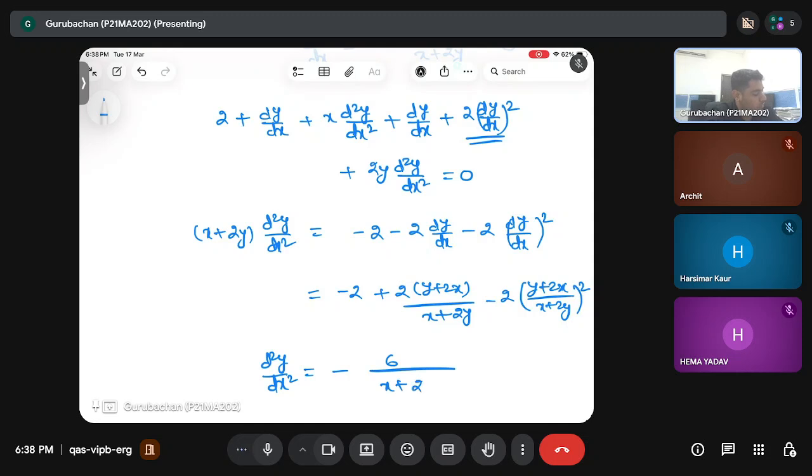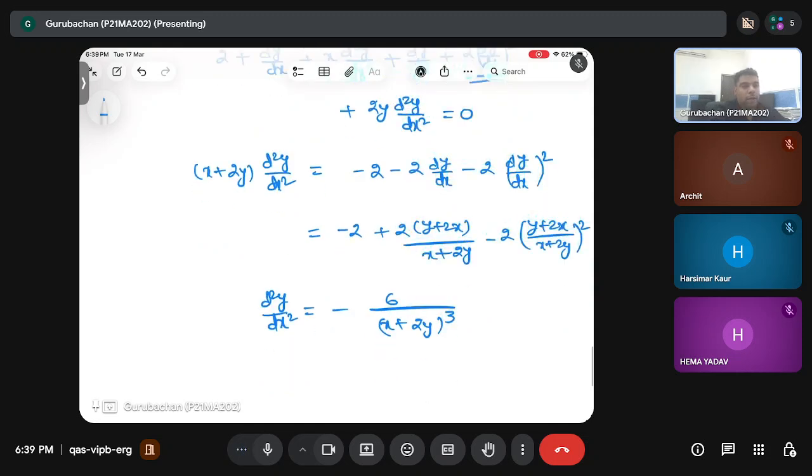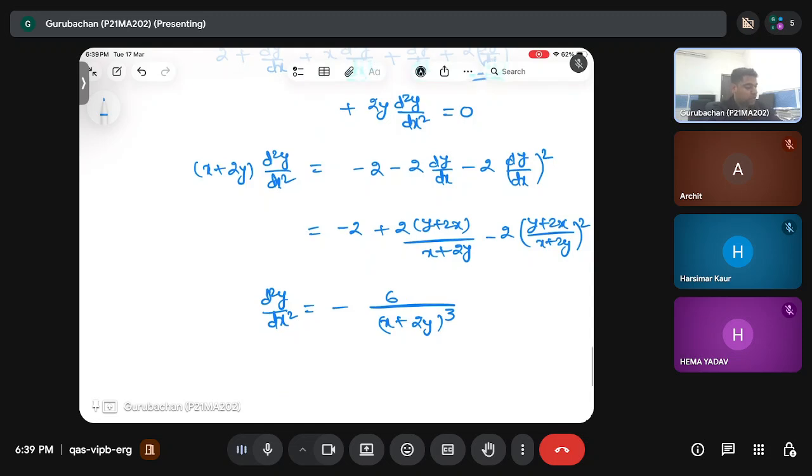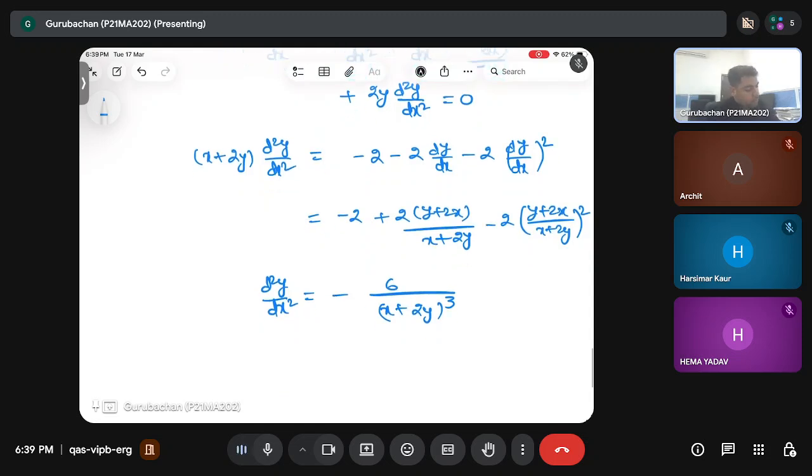You may check by yourself also. So this is the first part. Now what about the second part? We need to see the concavity of our function y.